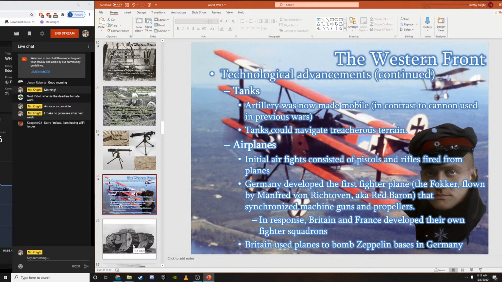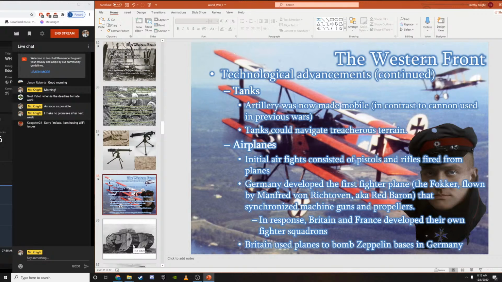Eventually, guns are mounted to the planes, and in fact, one of the best designs that the Germans came up with in terms of planes was the fighter plane, which was known as the Fokker, F-O-K-K-E-R, and the propeller on these planes was synchronized with the machine gun.